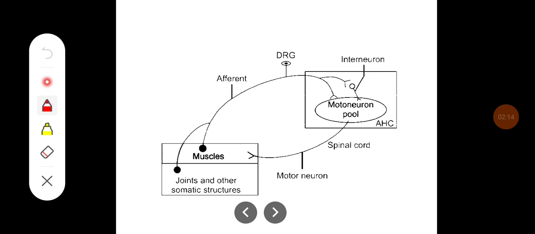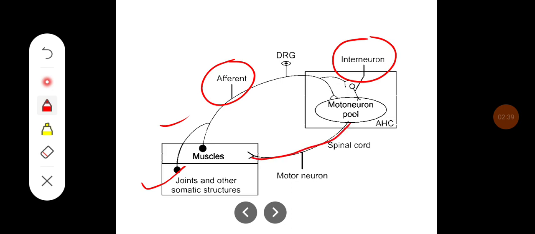This segment includes muscles, which are the receptors as well as the effectors, the joints and other somatic structures, the afferents, the interneuron pool and motor neuron pool of that particular segment, and the motor neurons of that particular segment.